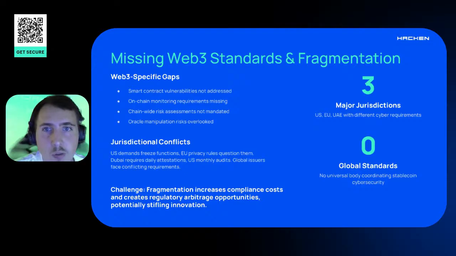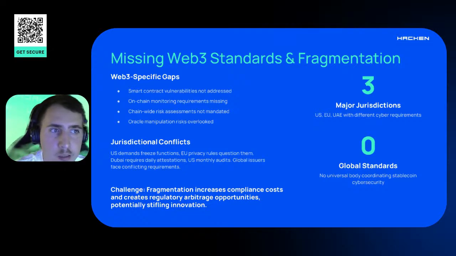And so what do we have regarding the Web3 standards, what jurisdictions do we have, and what is the fragmentation status there? We have Web3-specific gaps, because lots of the regulations still keep it like one area, like finance, and there are a lot of gaps for exactly Web3-specific issues.